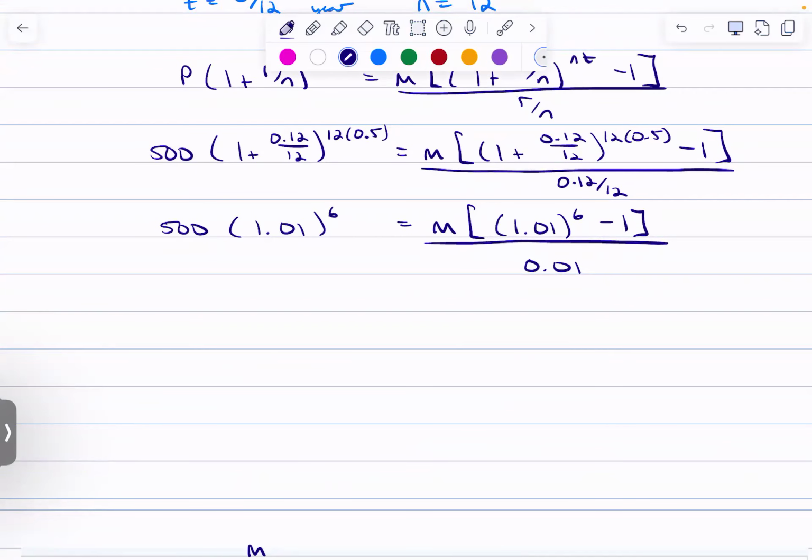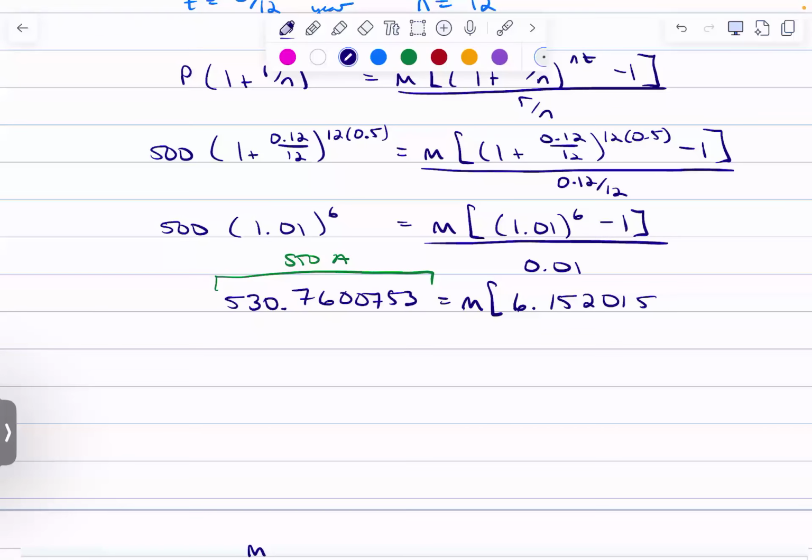Just simplify this left-hand side first. 530.7600753. Now I'm going to store this before I forget again in A. M times 1.01 to the power of 6, then minus 1 divided by 0.01. I get M times 6.15201506, which for good measure, I'll store in B.